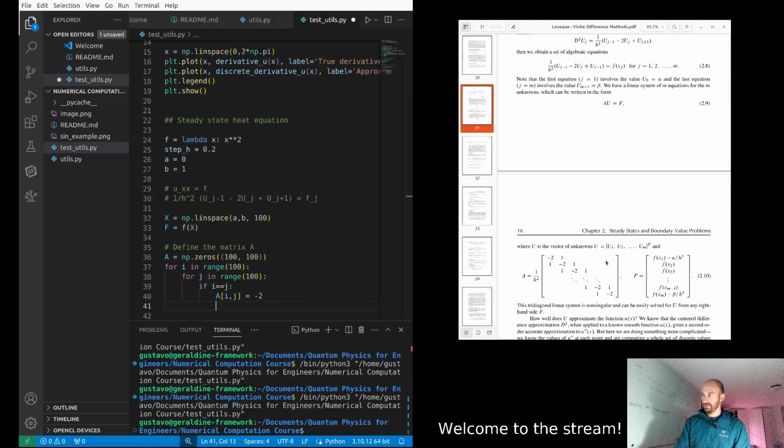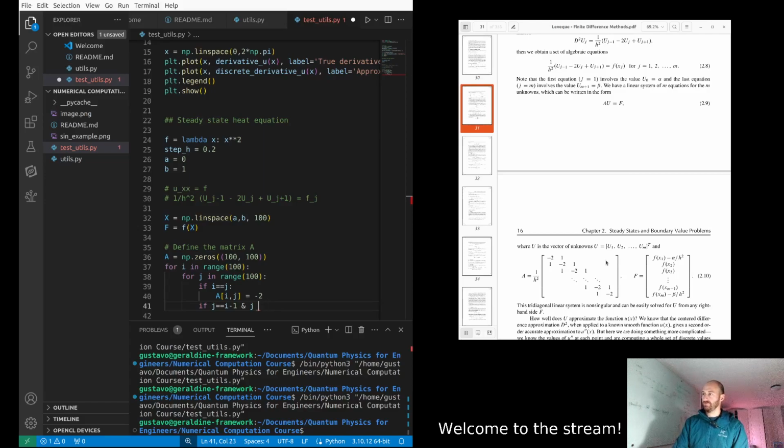If j is equal to i - 1, so if we are in row i and column i - 1, one to the left, we also have to make sure that this is valid.